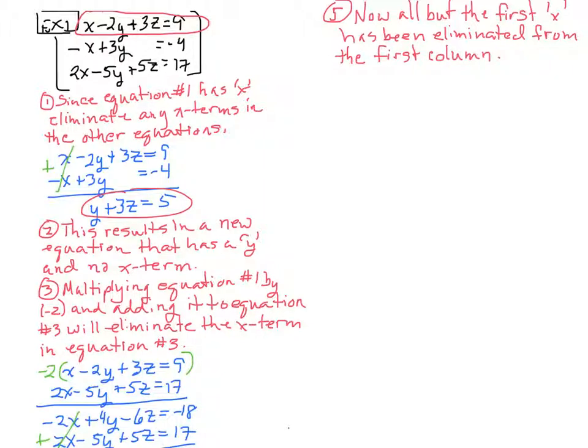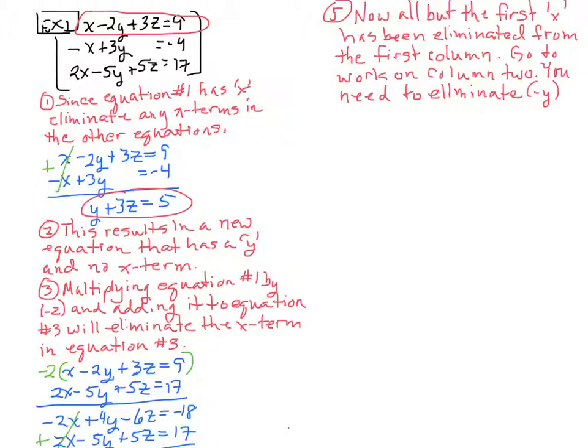And that's always your first goal. Get rid of all the x's in column 1. Go to work on column 2. You need to eliminate negative y from equation number 3.